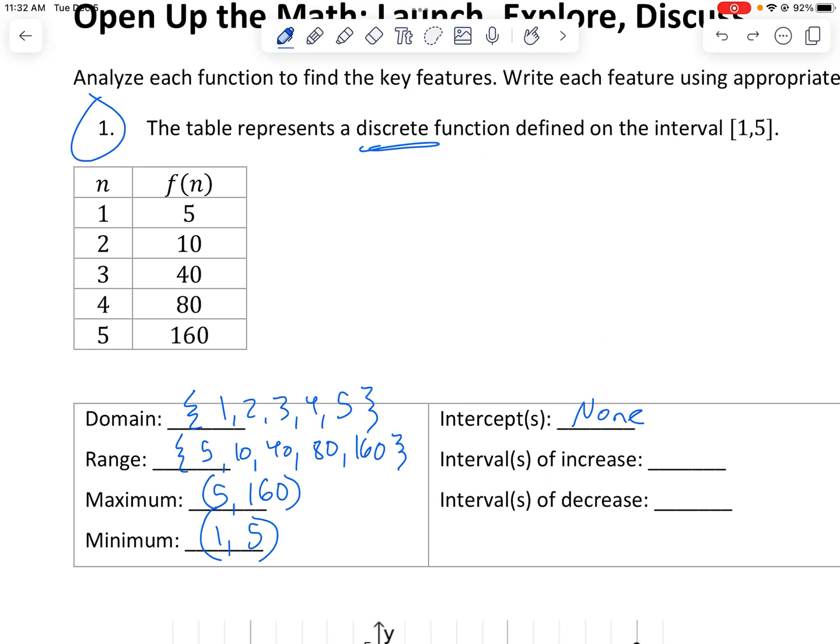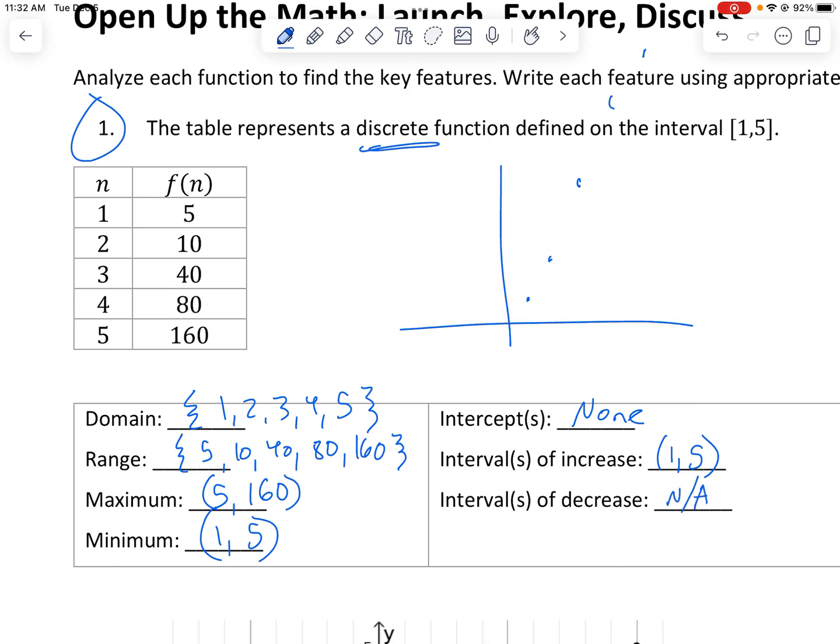So what is the interval of increase? You have to think about if you were to graph this, you got 1, 5, 10, 40, 80, 160. All right, this one just goes up really fast. It is increasing the entire time, so it's going to be increasing from 1 to 5, which is this entire interval. And then the intervals of decrease, since it's only increasing, it doesn't have any decreasing.